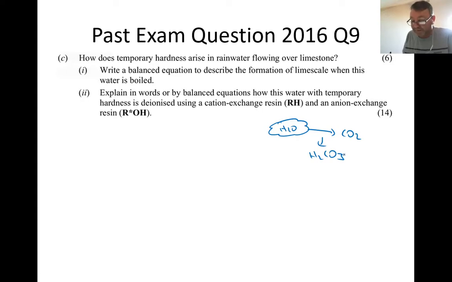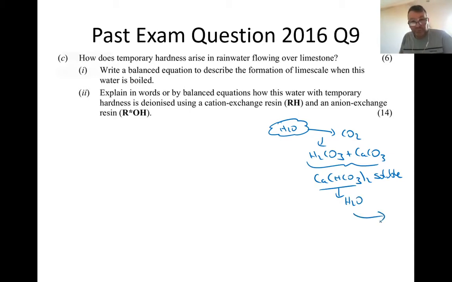It's called carbonic acid. That then flows over the calcium carbonate, which is the limestone, the CaCO3, and the two of those combine into Ca(HCO3)2, which is calcium hydrogen carbonate, which is soluble. And that's what gets into our water supply. That gets dissolved in the water and carried away into domestic water supplies if it's not treated before it gets to the domestic water supply.